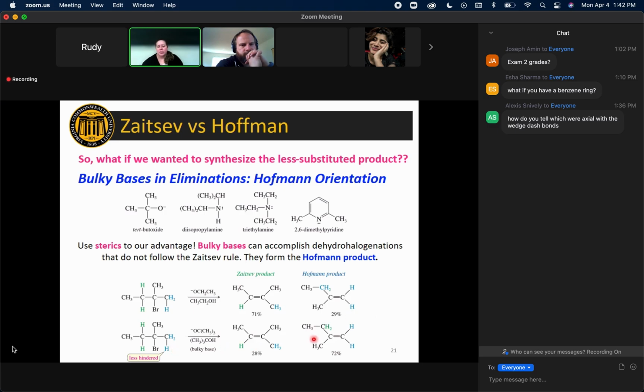And now we have switched our ratio, and now we're favoring the less substituted double bond or the Hofmann product. So that's a bulky base, and it favors the Hofmann product. Same substrate, right? It's just a different base that we've chosen. Notice that both of these are strong bases too. Okay.